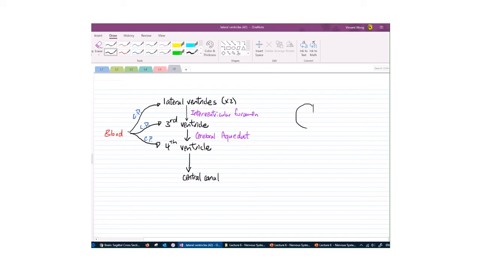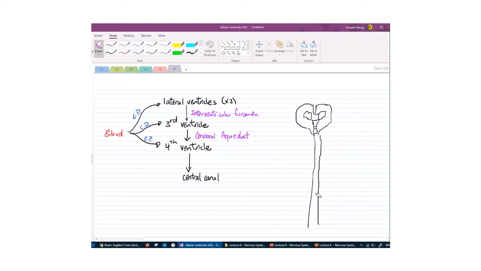So here is your brain, looking at it from the back. Here's the brain, and that would be the ventricles that we were looking at. The lateral ventricles go into the third in the middle, and then into the fourth, and then it's gonna go down through your spinal cord.